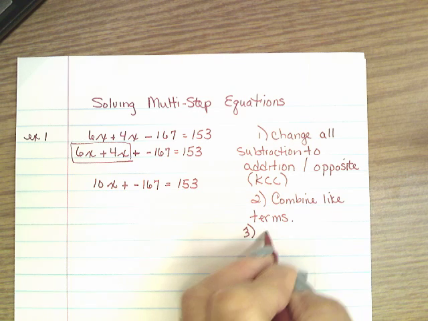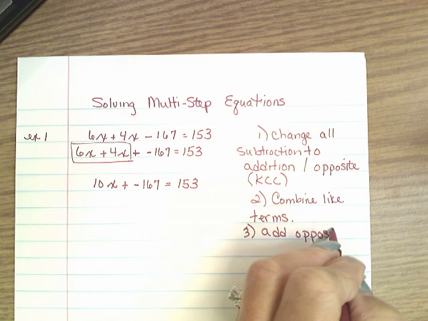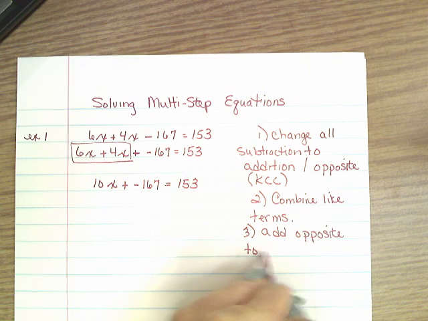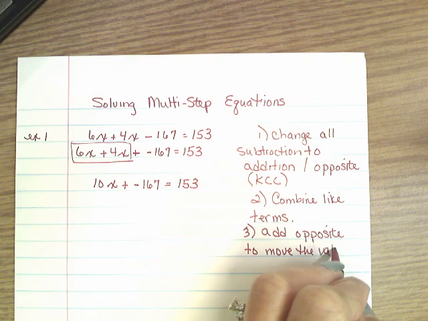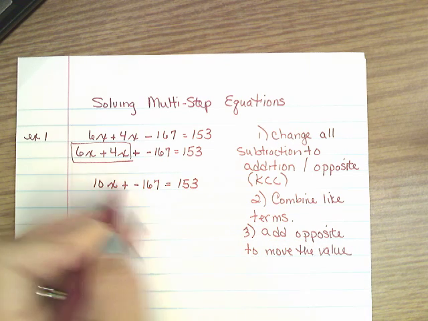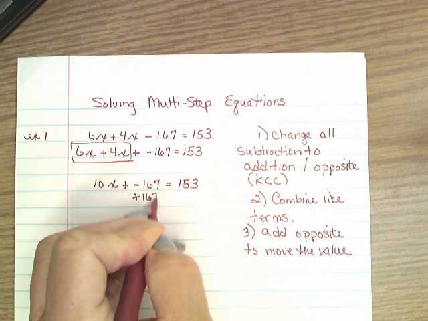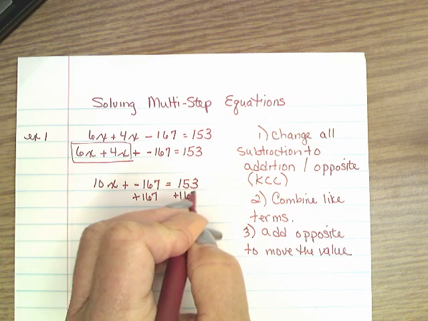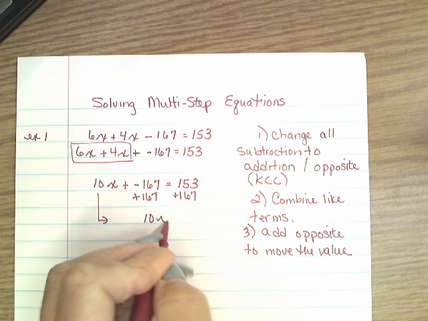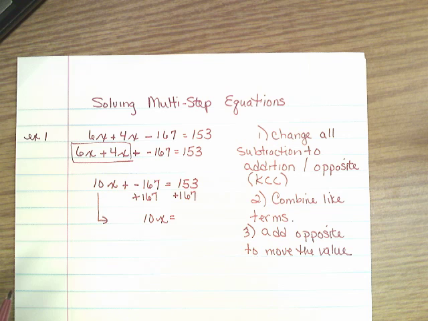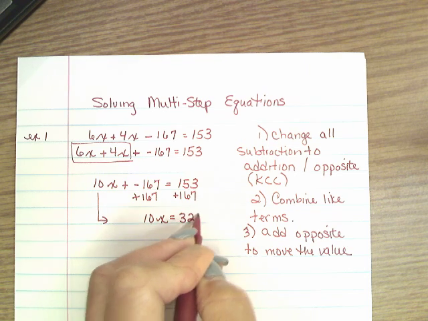Add opposite to move the value. So here I have a negative 167. I need to add 167 to both sides. Bring down my 10x. 153 plus 167 equals 320.